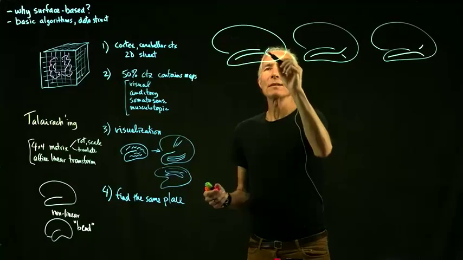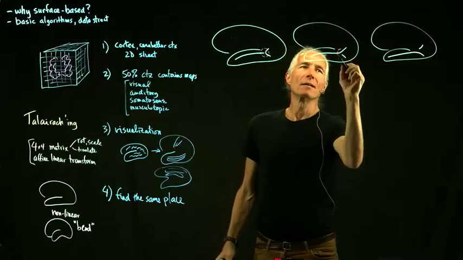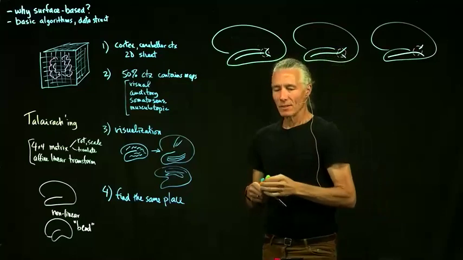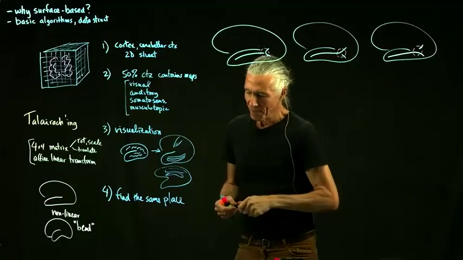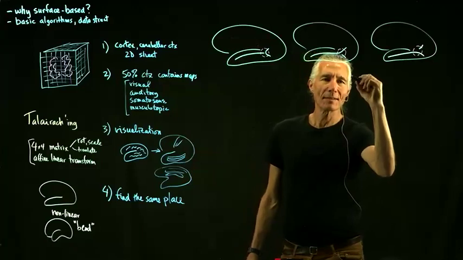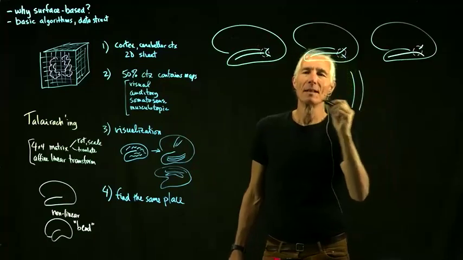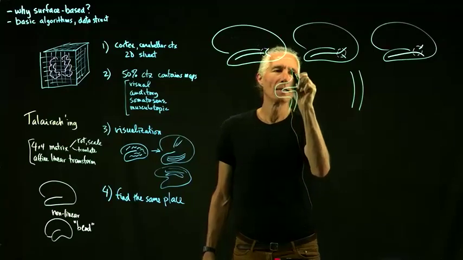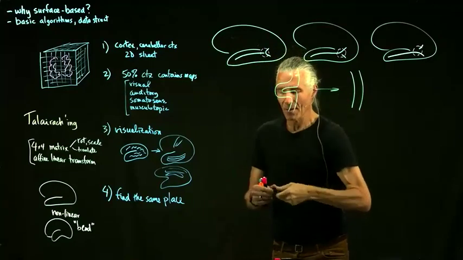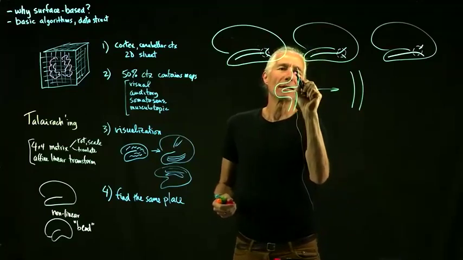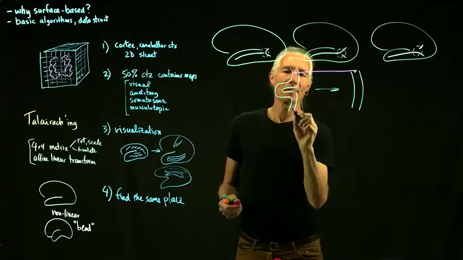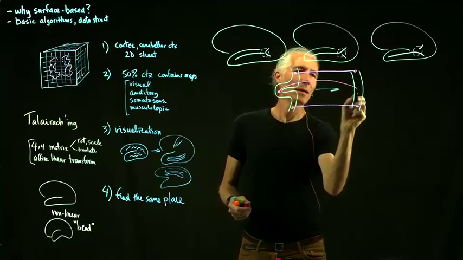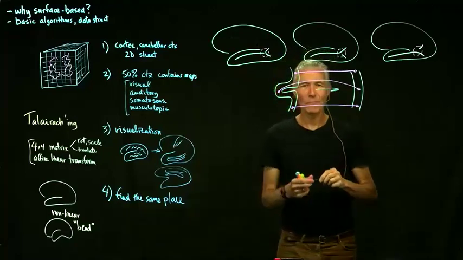Well, when we compare different brains to each other, we're going to need a system that's capable of mapping something like this to something like that. So this point needs to be mapped to here, this point needs to be mapped to here, but this point needs to be mapped there.